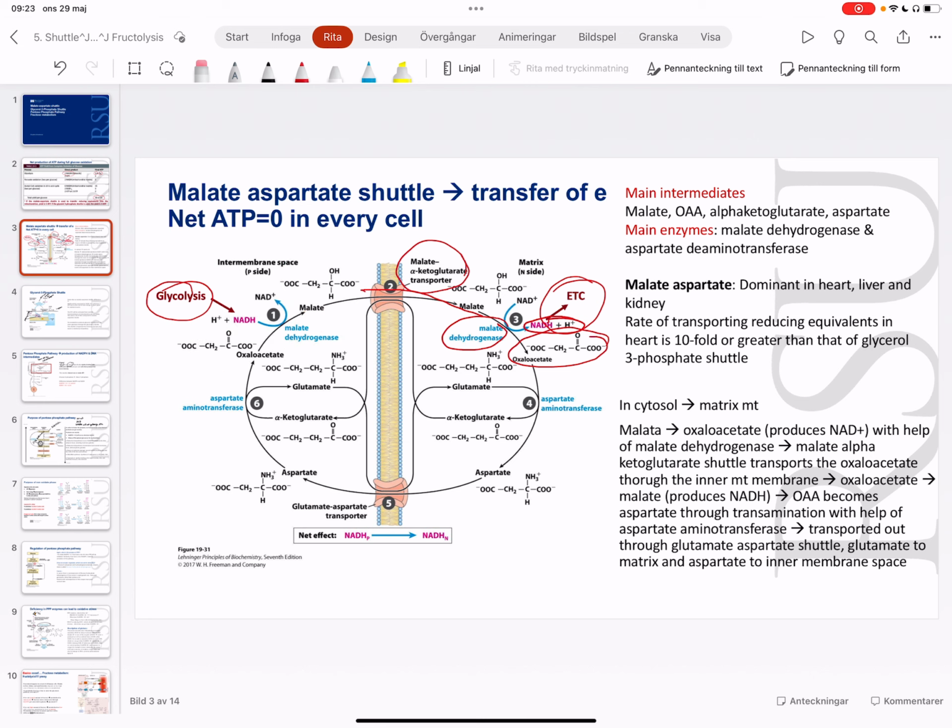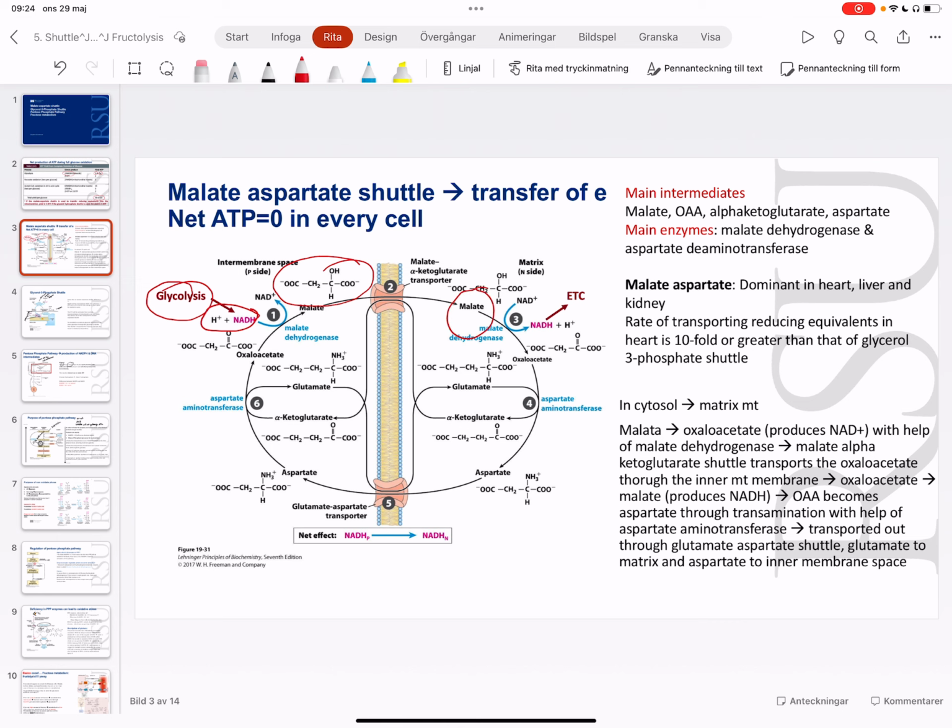So what happens here is that the malate alpha-ketoglutarate transporter does not transport NADH from here to here, but it's kind of like a transport of electrons by malate, taking up the electrons and then going in here and doing the reaction, oxidizing.